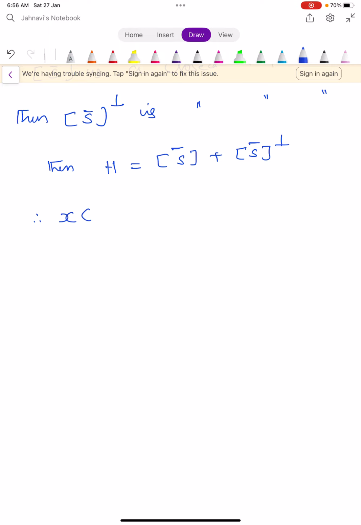Therefore, an element x belongs to H implies x is equal to y plus z, where y belongs to box S bar and z belongs to box S bar perpendicular.